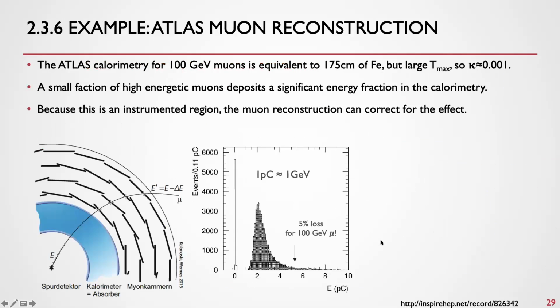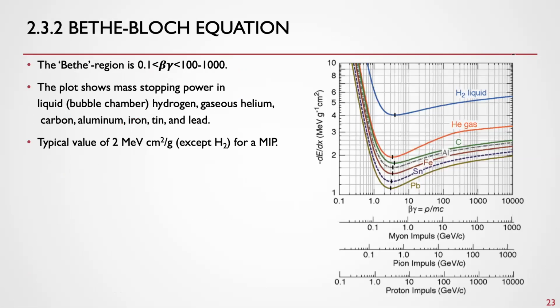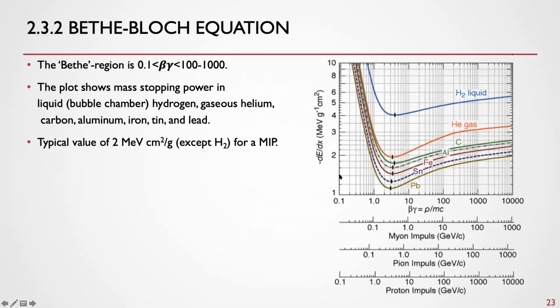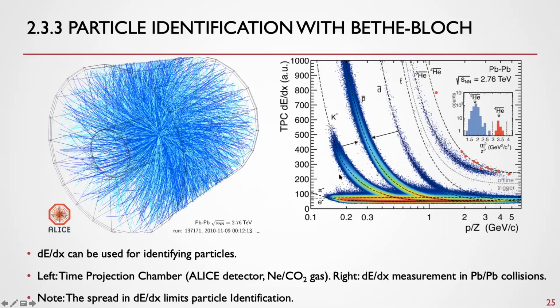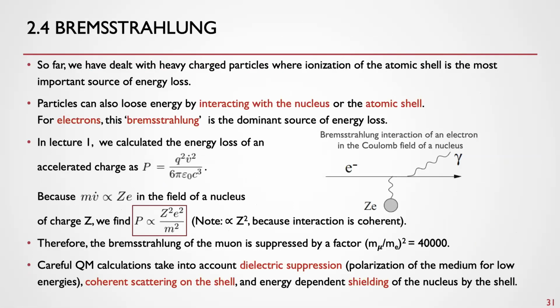Let's go back to the full Bethe-Bloch. That's Bremsstrahlung, radiative losses. They are only relevant for the highest energies. In almost all detector applications for muons, from colliders at least, this is completely negligible. For electrons, it's important.